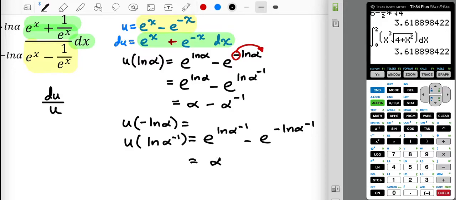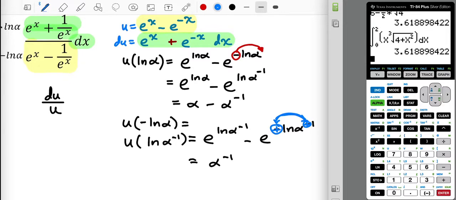All right. So alpha to the negative first. Now these two negatives, whether you bring this down here or if you bring this up here, either way, they're going to combine to give us a positive. So that's essentially just going to boil down to e to the ln of alpha, which is just alpha.